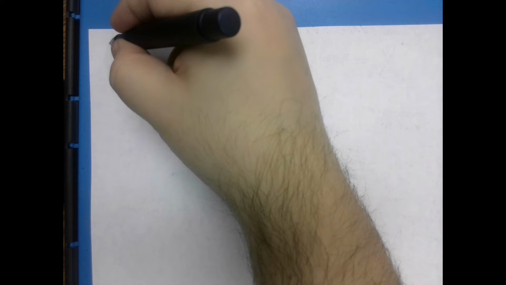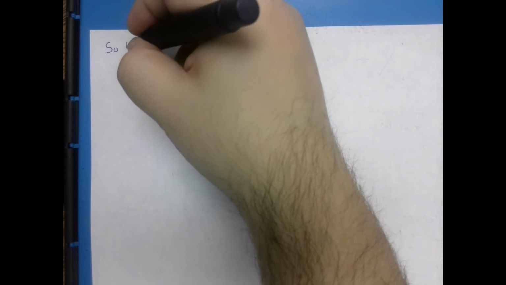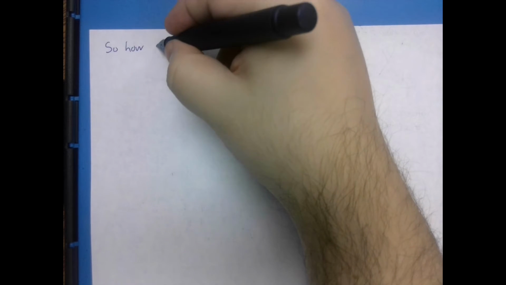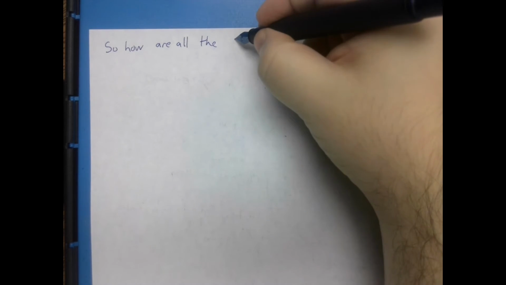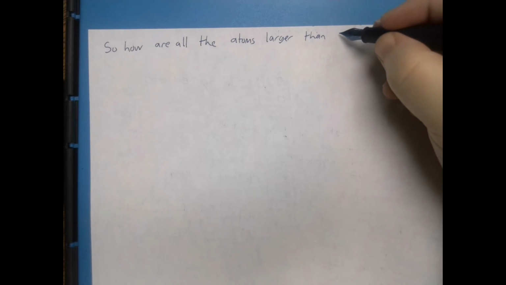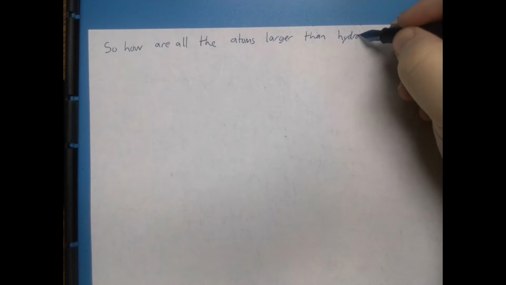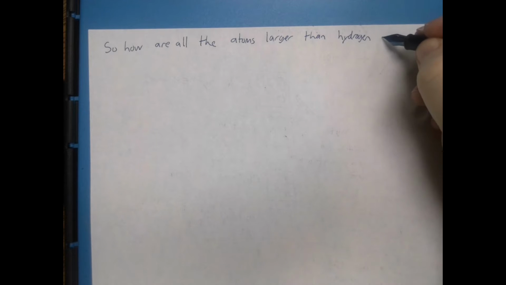So, how are all the atoms larger than hydrogen made?